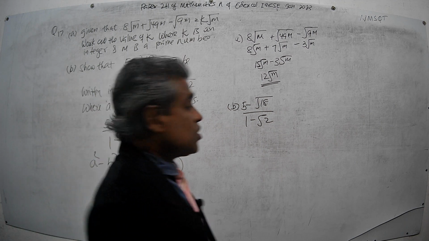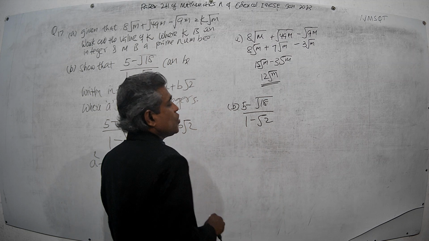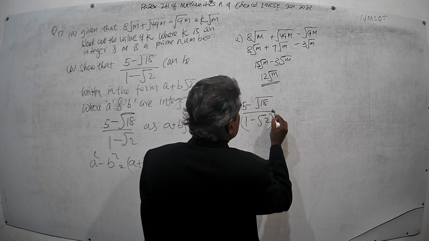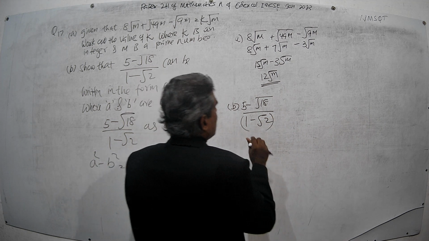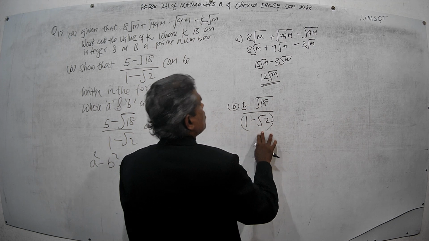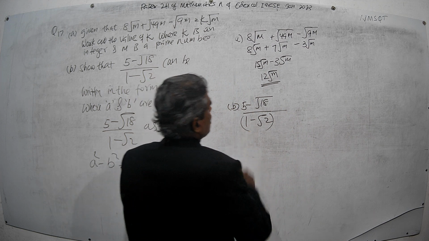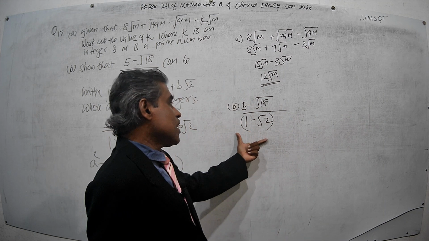So when you rationalize this kind of denominator, you multiply it by another factor to make a pair of factors of difference of two squares.